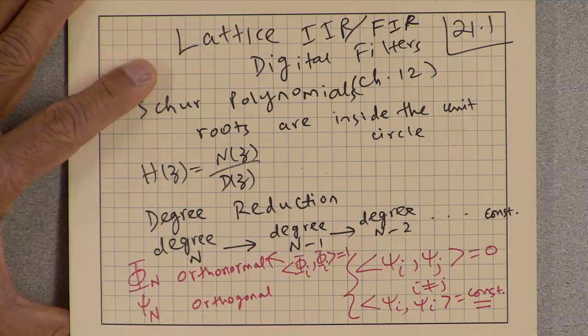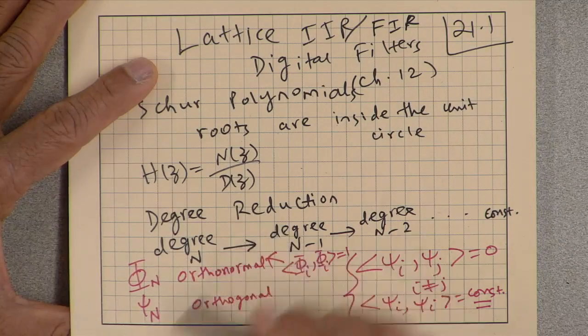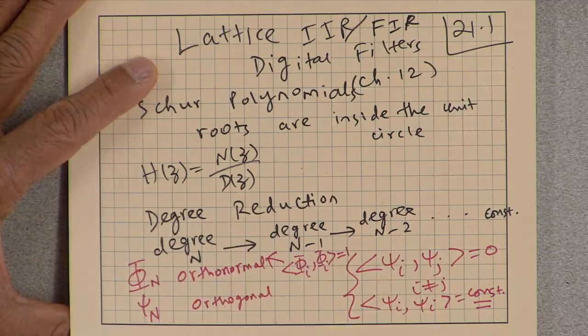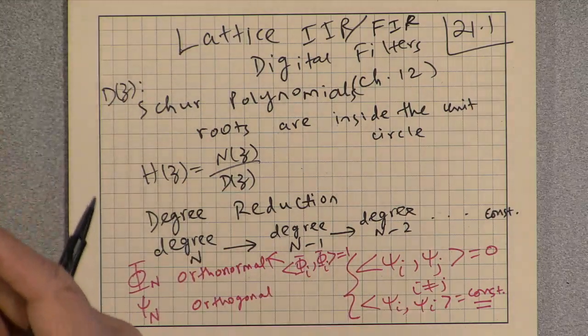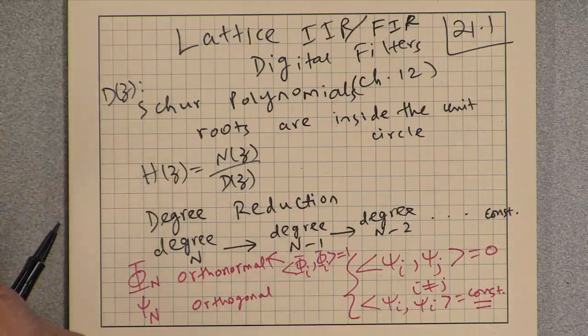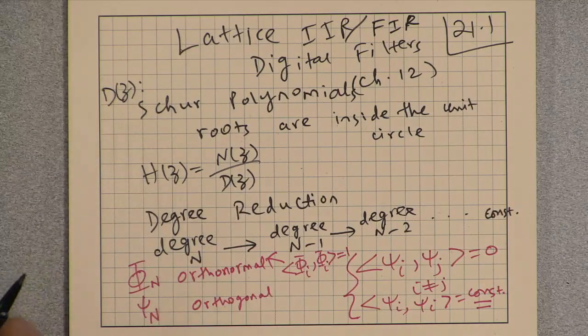The other attractive property is, at least in the orthonormal case, it's already in a scaled form so that the filter is orthonormal.